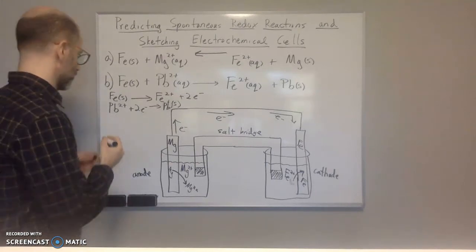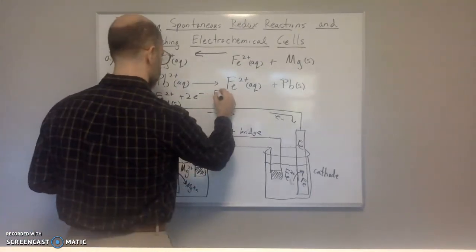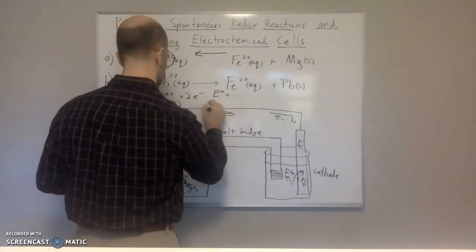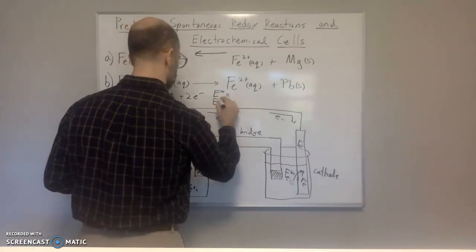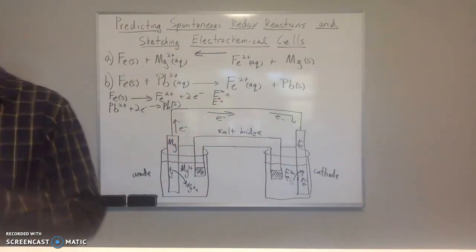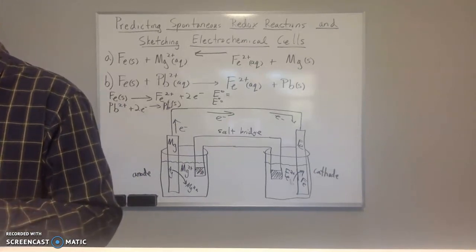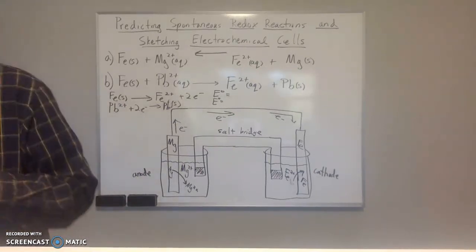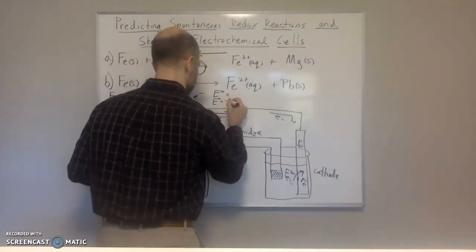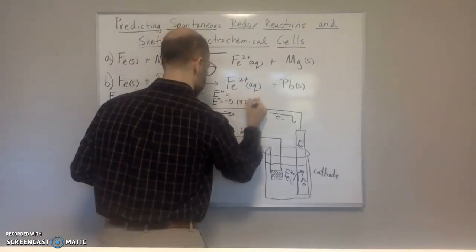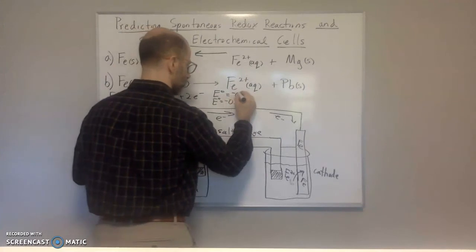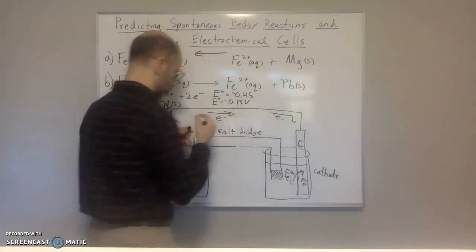And if we look up the electrode potentials for lead, lead is going to have a negative 0.13 volts, and then again this is a negative 0.45 volts.